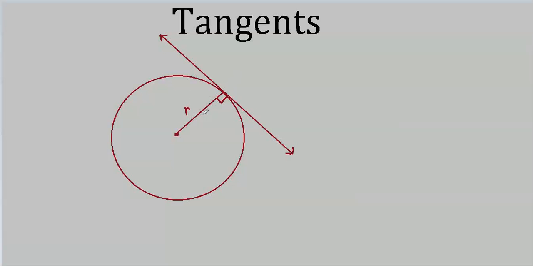It also refers to the length. We don't always say length of radius. We usually say the radius is 10, or say if this were A and this were B, we could say radius AB. Radius frequently refers to both the measure of the segment and the segment itself. You know from context what's being referred to.